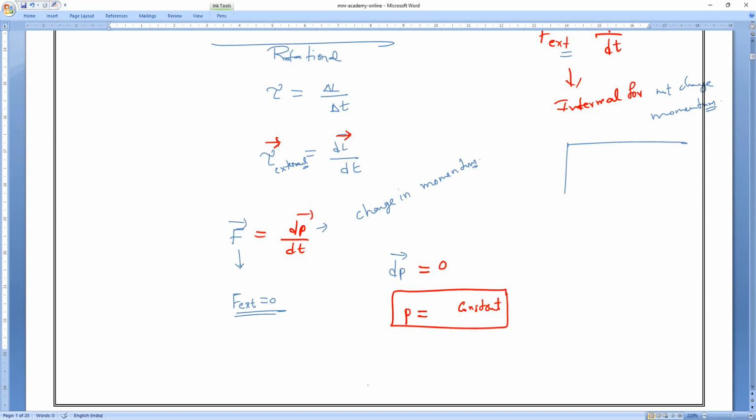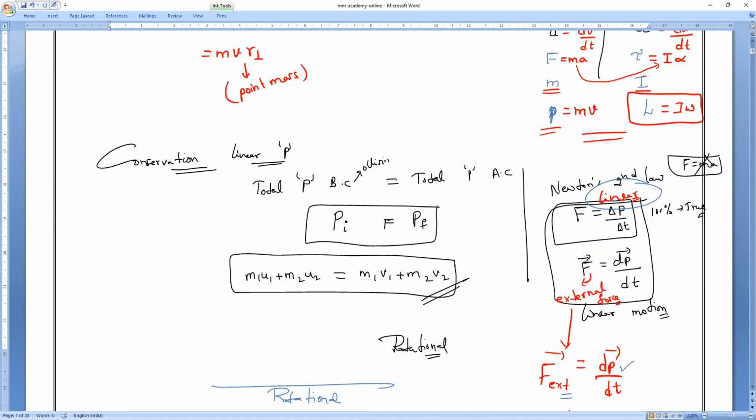So for the entire system, there is no change in momentum. Initial momentum is equal to final momentum for the entire system. That is what we are studying.